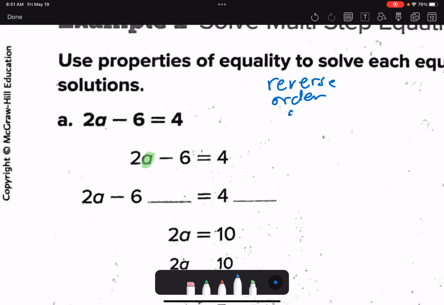order of operations. And what I mean by that is we went through order of operations before. And you had to do parentheses and exponents first, and multiplication, division, addition, and subtraction last. Because we're going backwards, right? Imagine I send you guys to the office. You go down to the office.